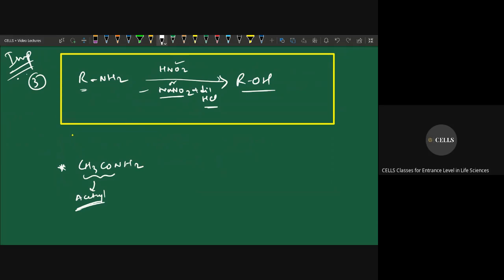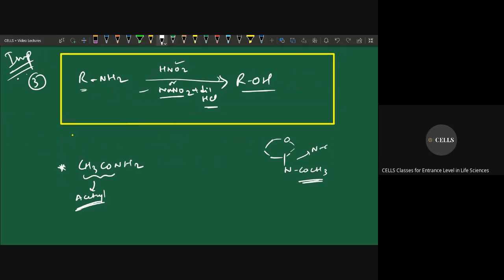Like we studied in glucosamine, suppose there is a glucose with NCOCH3 on it.